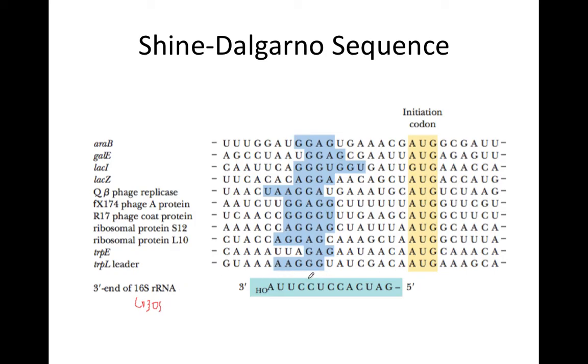Because they are complementary, the Shine-Dalgarno sequence helps in aligning the mRNA in the small subunit. Remember that the mRNA has to be read in the proper reading frame, otherwise it may encode the wrong protein. So here, AUG is your initiation codon. Once again, AUG encodes for methionine.